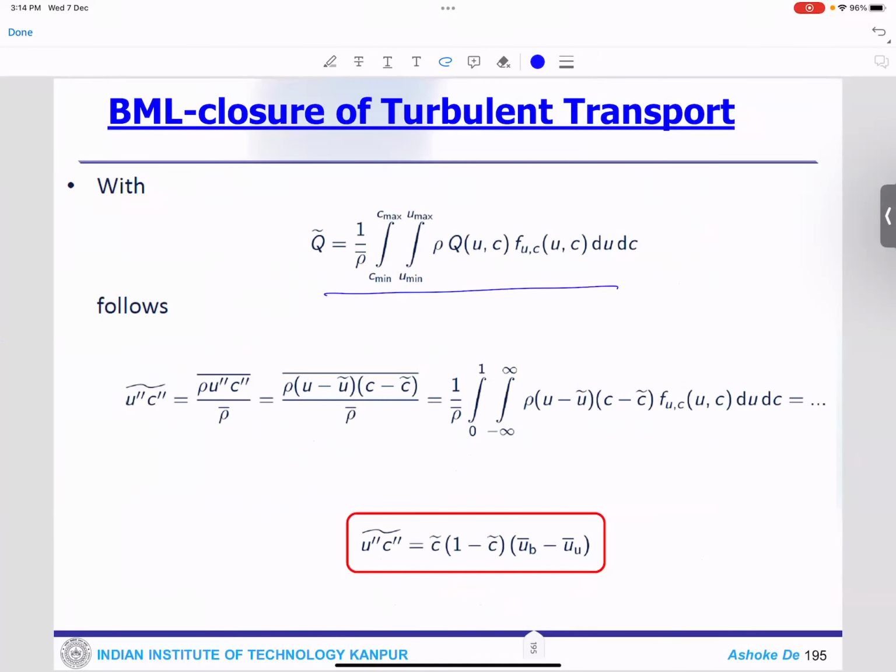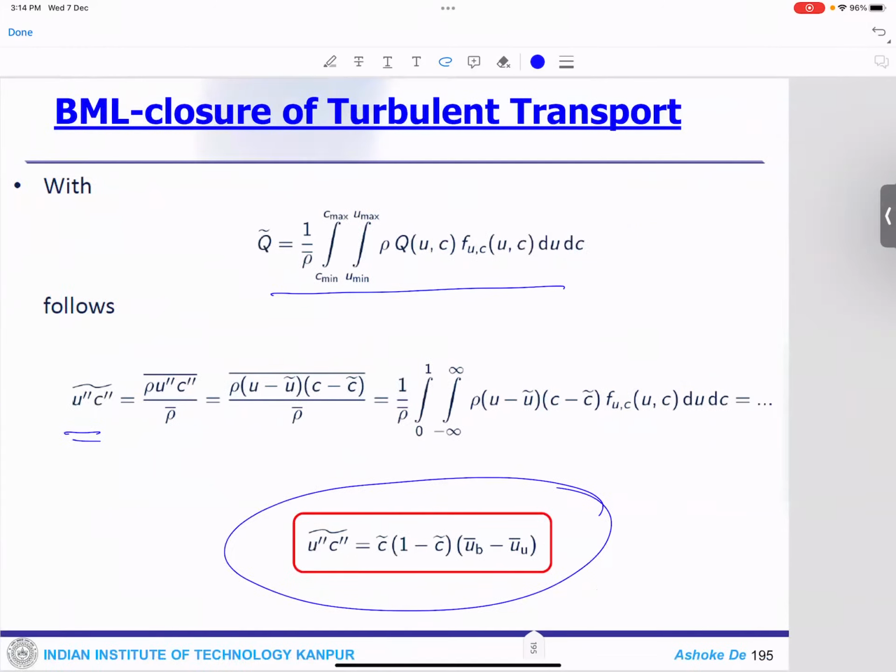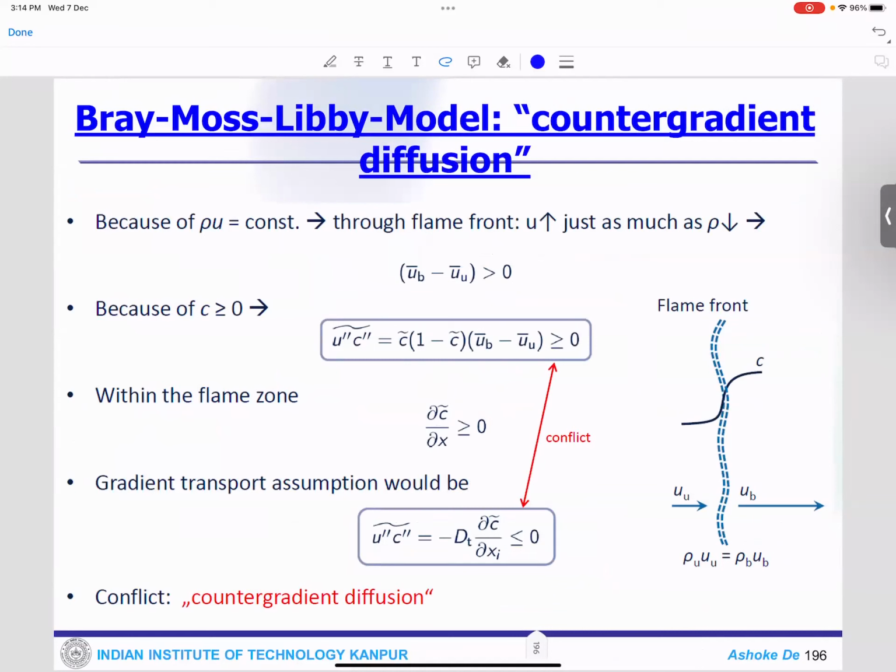So with that you estimate these things back, you close this fluctuating component, and this is the term you are going to close. Once you close that term, you put it back. Obviously, for the flux terms we always use this kind of gradient transport assumption, which is like this.